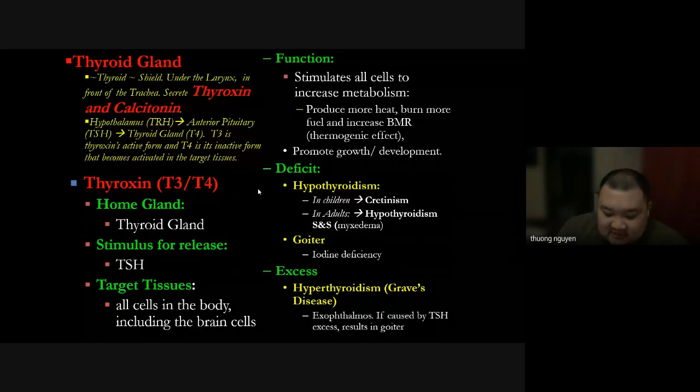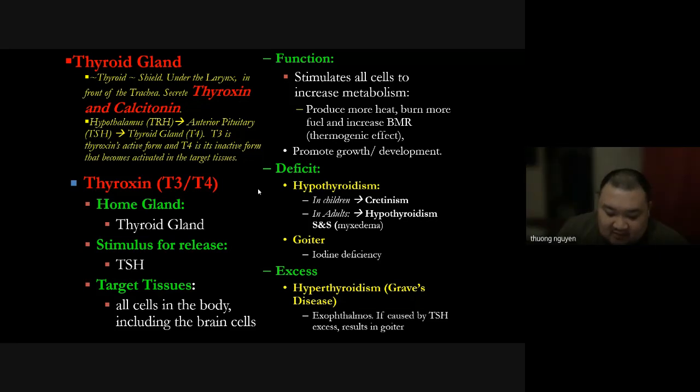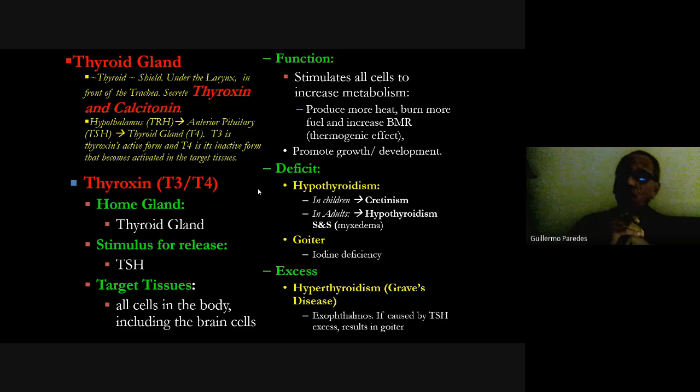Wait, so T3 doesn't have a name? So T3 doesn't have a name like T4? Oh, yeah. The T3 is the triiodothyronine. Tri means 3, iod means iodine, 3 iodine. That is the T3.